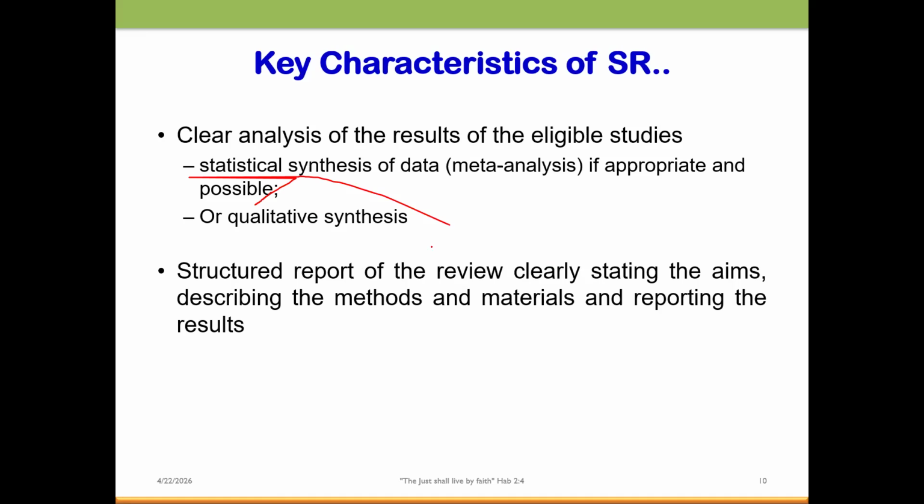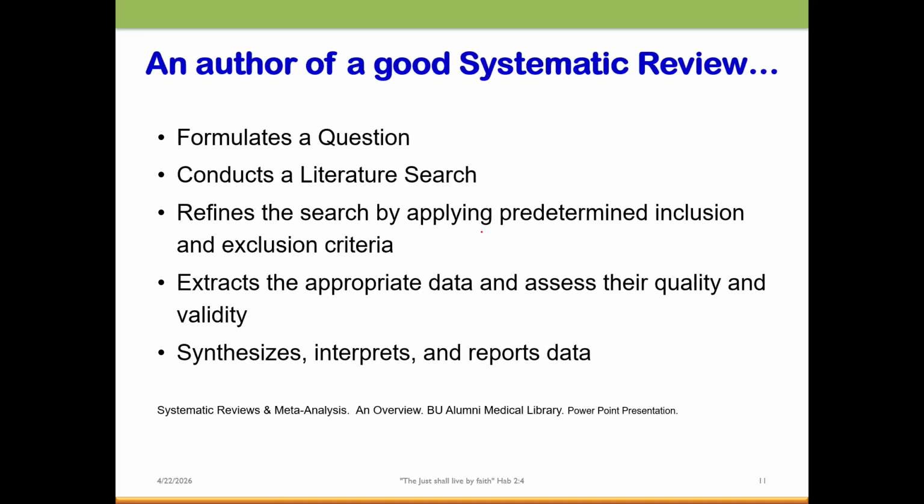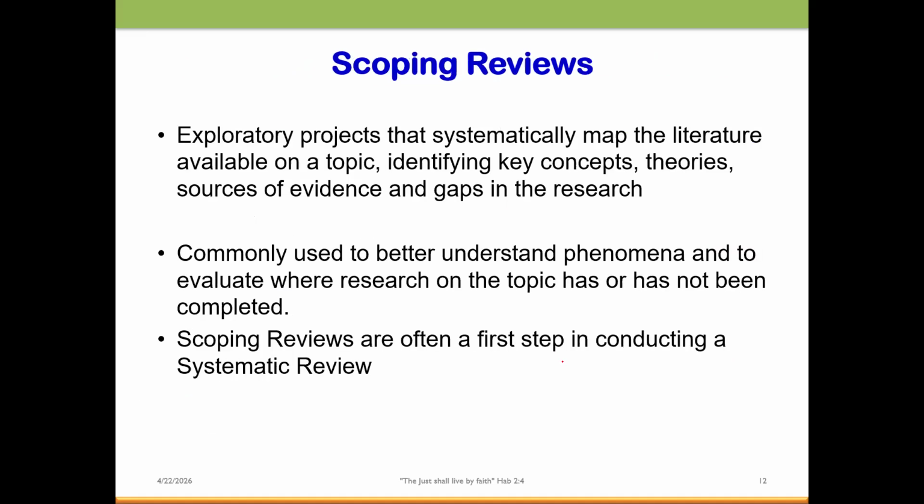So if you want to be an author of a good systematic review, you must formulate a question, conduct a literature search, refine the search by applying predetermined inclusion and exclusion criteria, and then extract the appropriate data, assess their quality and validity, synthesize, interpret, and report the data. For more details, you can check out some of these resources.